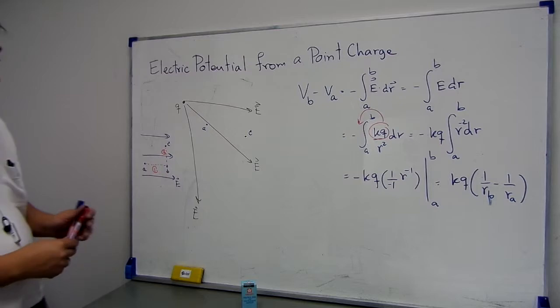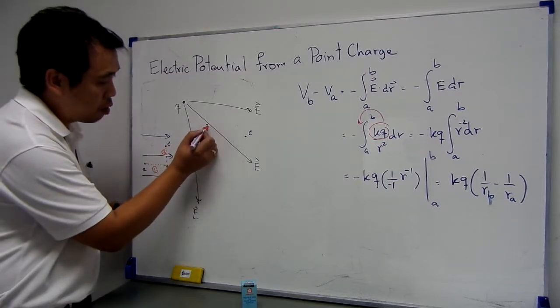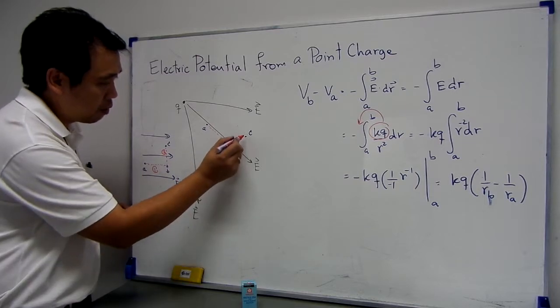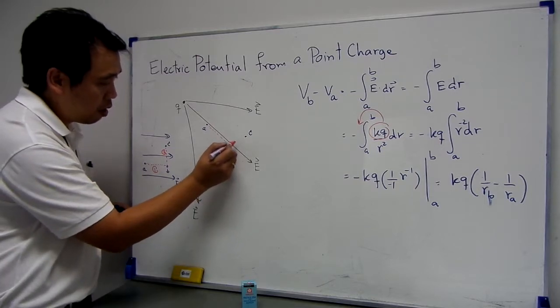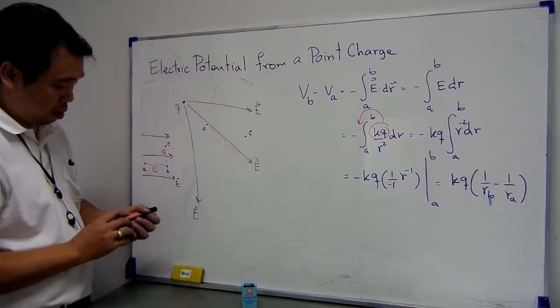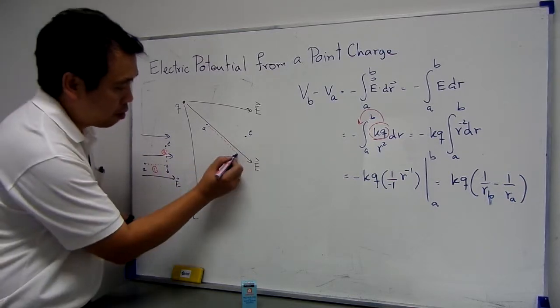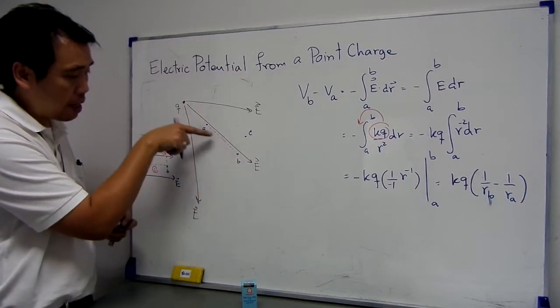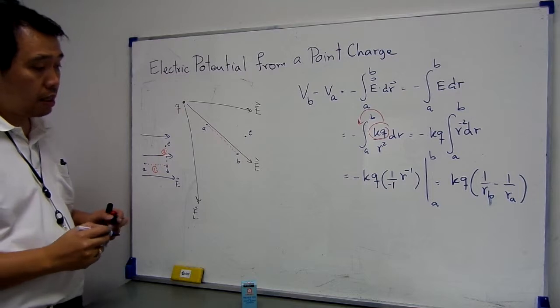That is, we will choose the path. We can divide it into two parts. From A to B. Here the line joining A and B is along the radial direction.